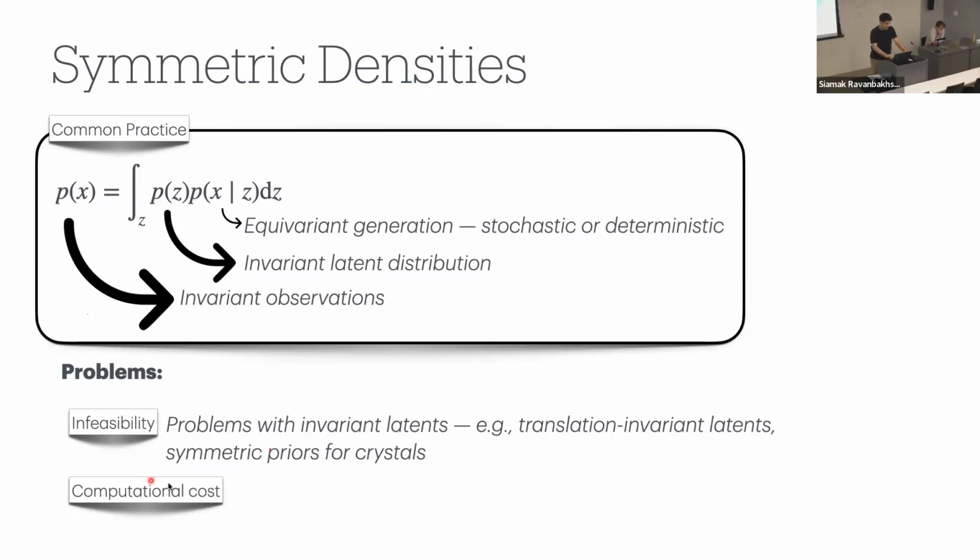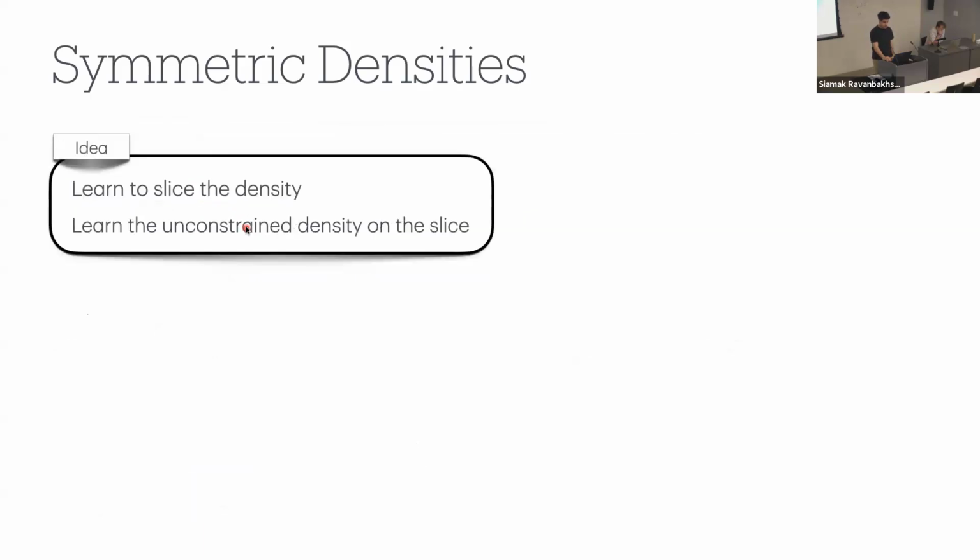And there is, of course, the computational cost of having an equivariant network here. If, for example, you want to be equivariant to 3D rotations, these networks could become expensive, depending on the type of representations that you use.